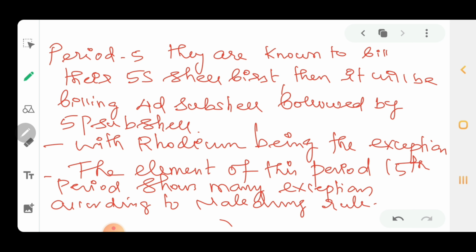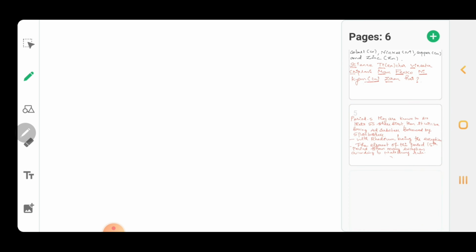I am not getting into the Madelung rule in detail because it is not in our syllabus. So straight away we go to the elements which are present in our period 5.